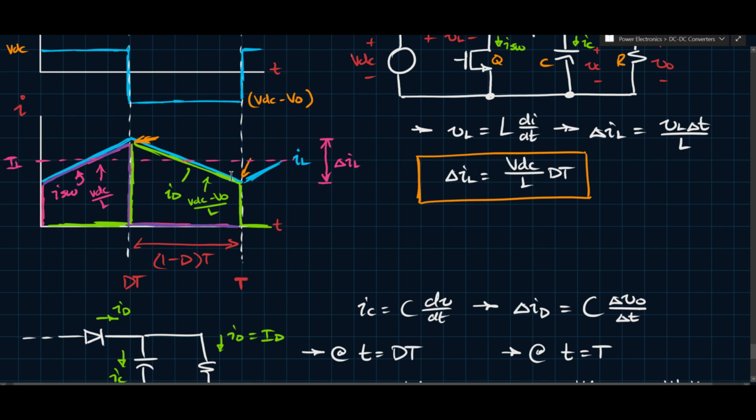And so what happens is this lower value here, this IL min right here, might hit 0 or go below 0 actually. Well, it can't go below 0, but if it were to continue, it would be below 0. But once it hits 0, you're at the boundary between discontinuous and continuous conduction modes.